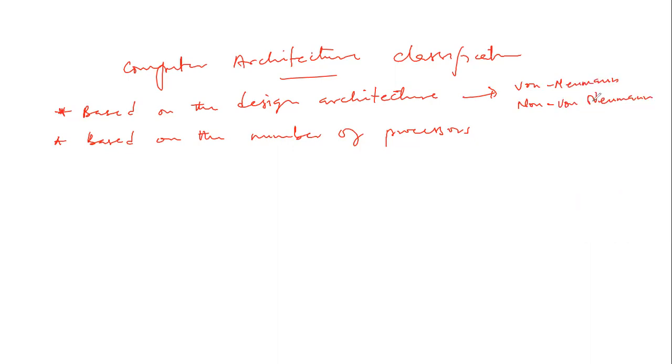Now, how about the classification based on the number of processors? Who can help me with that? Okay, I think you're waiting for me, right? So we have single instruction stream, single data stream, that is SISD, okay? Then we also have SIMD, single instruction stream, multiple data stream.